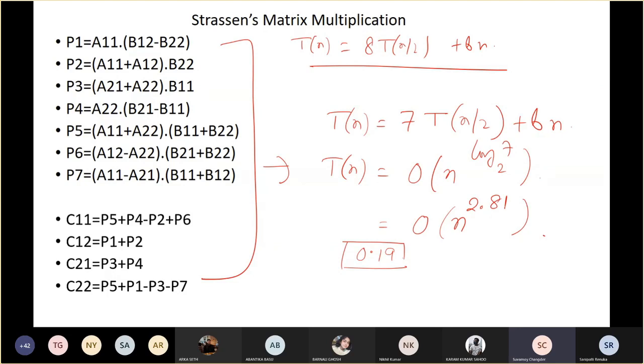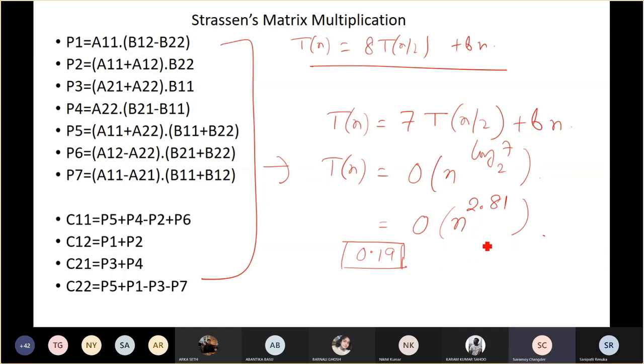Now you can say, sir, why should we go for decreasing this value by 0.19? Because this is too complicated. We have to calculate so many things. We have to remember so many things. Yes, you are very correct that only 0.19 is not a very big value to think about all this. Hence, we can think, well, what did Strassen do? This is a very small value. Now think about a large matrix you want to multiply.